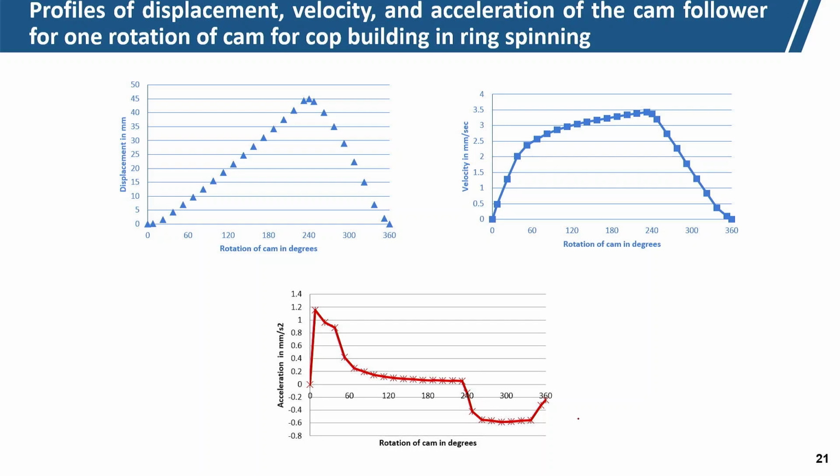In this way the velocity and acceleration with a particular cam rotation can be plotted, and if we want to change any one of these, we can change the cam profile depending on our requirement.